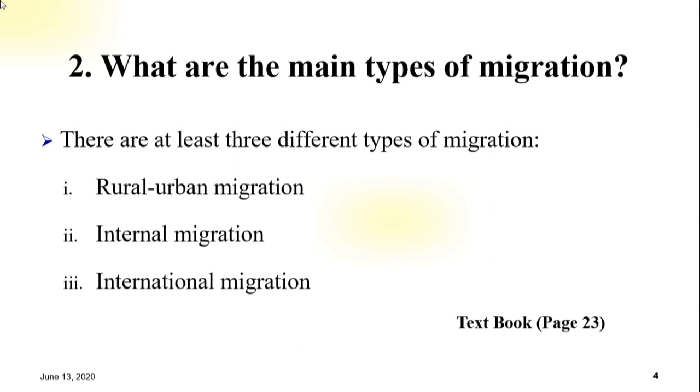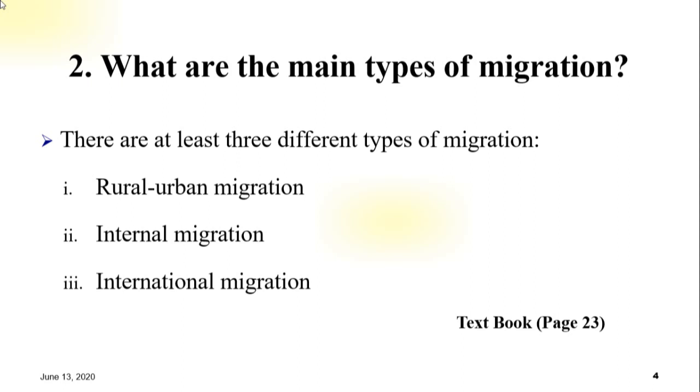And number 2, internal migration. The word internal means inside, like internal or external. External is outside. Internal migration means people want to migrate from their place to another place, but in the same country.